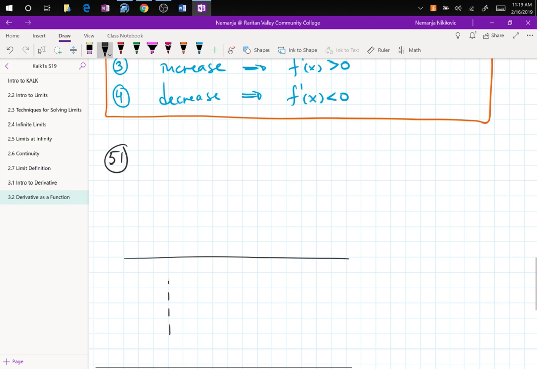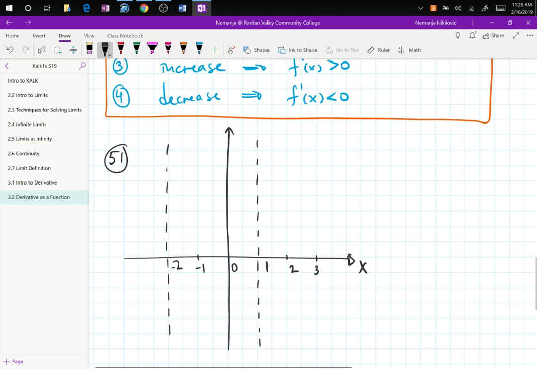We have an asymptote at -2. Another asymptote at 1. Okay, so I'm gonna make this wider then. At +1. Good. So what do I have?